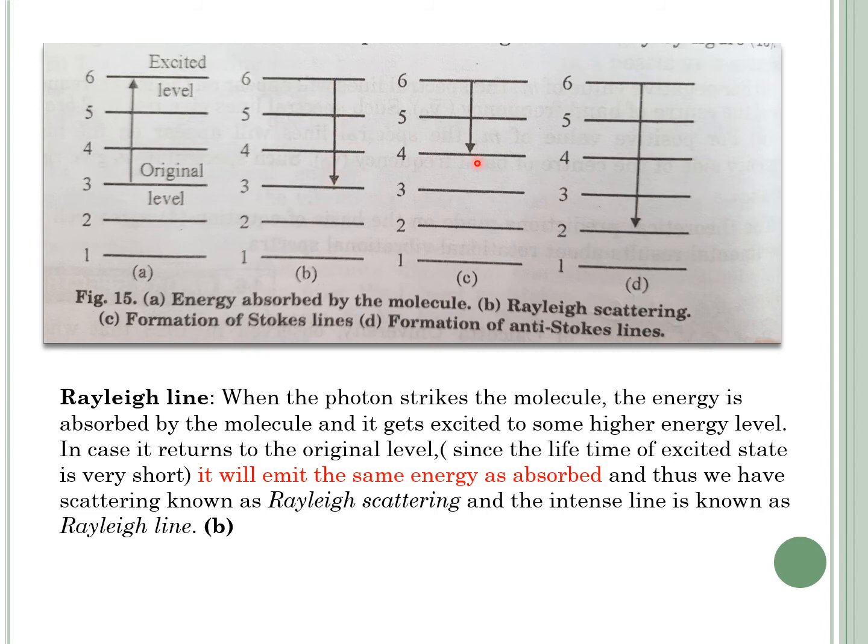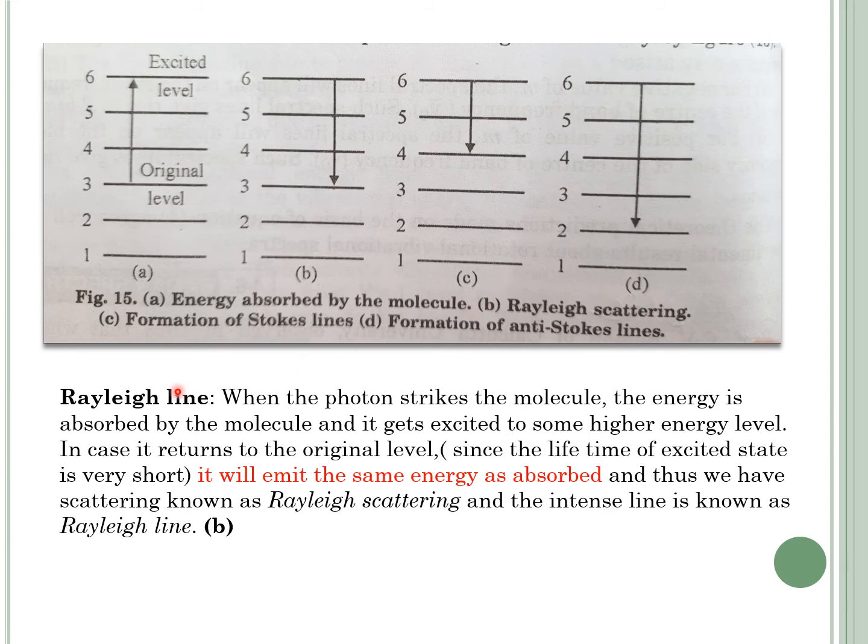Here you will get the formation of Stokes line, where the molecule returns to an energy level higher than the original level. Here the light returns to a lower energy level than the original level. Then here you will get the formation of anti-Stokes line.